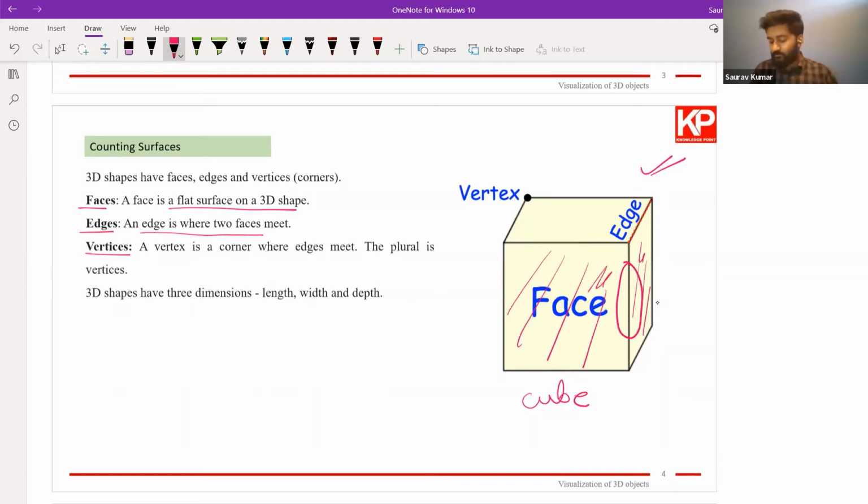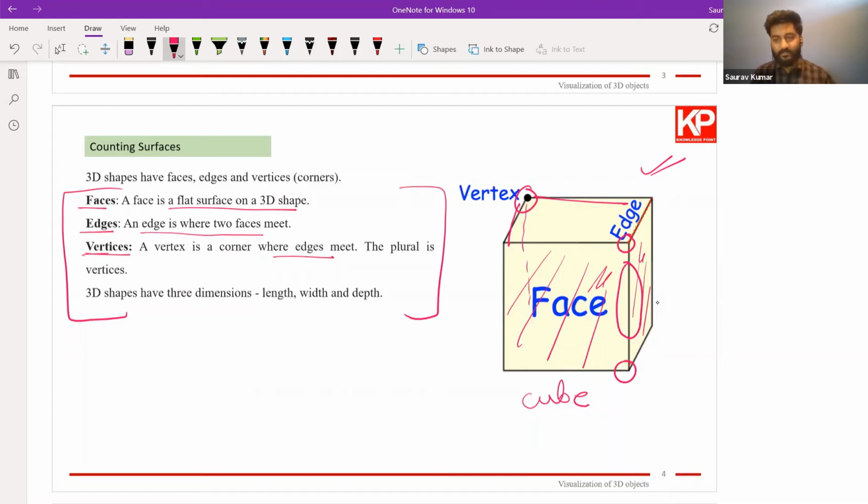Now, just give a bit of attention to the definitions of these things, because in complex figures, you should know what an edge is, what a face is, or what a vertex is. A vertex is a corner where the edges meet. This edge, and the edge that is not visible, are meeting at this point. So this is a vertex. This is also a vertex.